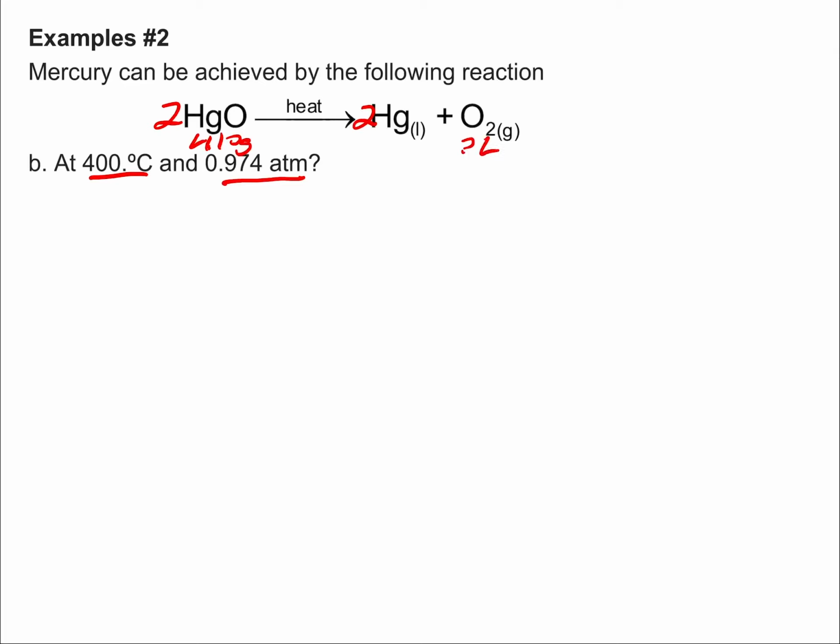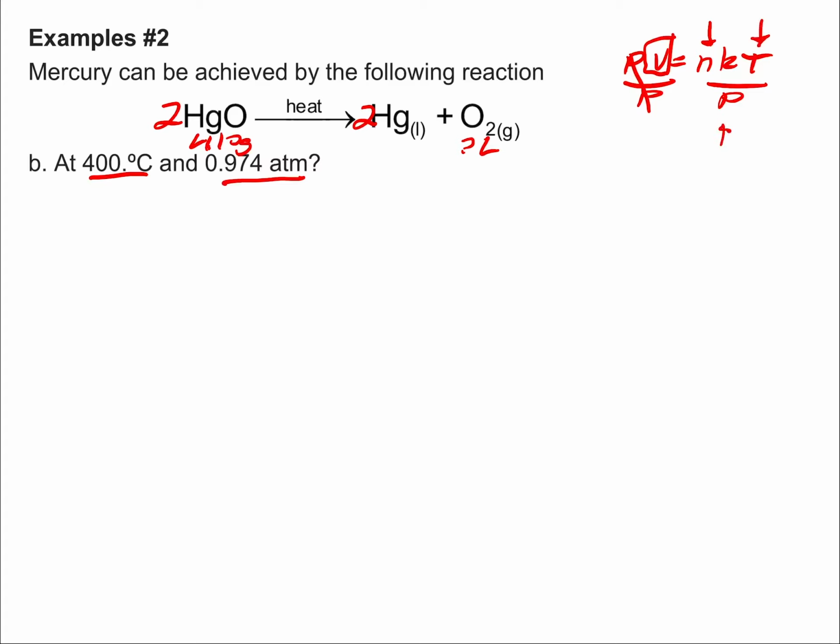In order to use the ideal gas law, I'm going to have to use this formula now, PV equals nRT, and I'm looking for the volume of O2 in this expression. That means I'm going to divide both sides by P, and eventually I'm going to have to find the moles of O2, the gas constant, and the temperature, but it has to be in Kelvin, and my pressure has to be in atm.